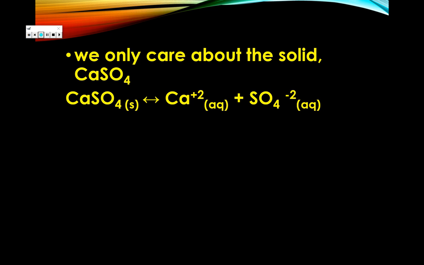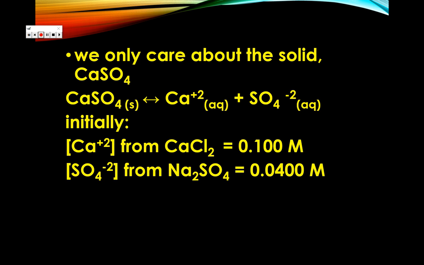So whatever concentration it was initially from the other solutions, that's what initially we have in our flask or vessel. Those numbers are given in the question. It says 0.1 molar calcium chloride and 0.04 molar sodium sulfate.